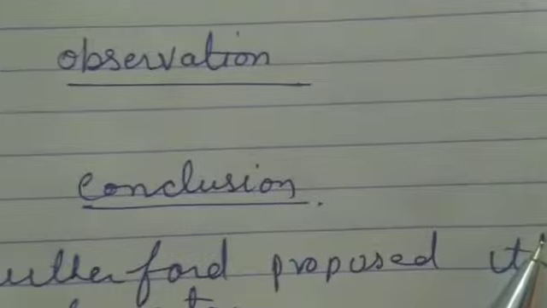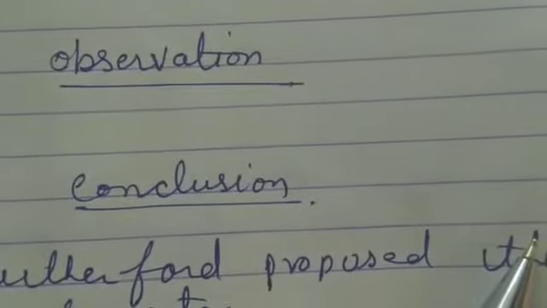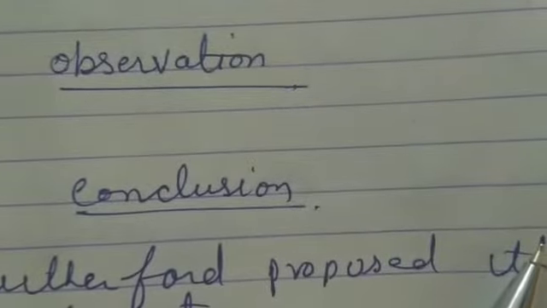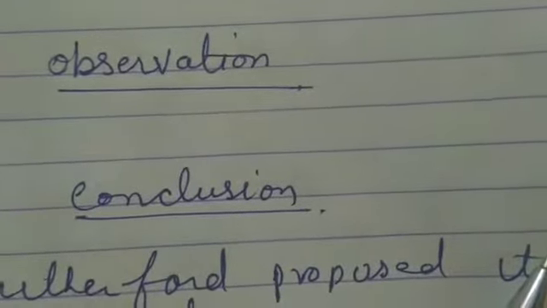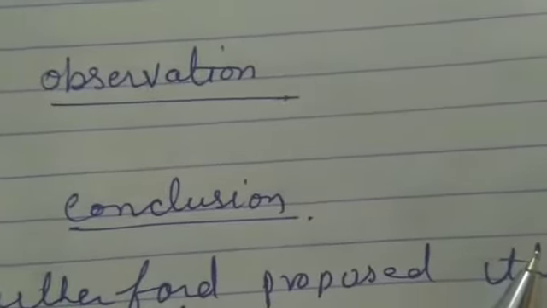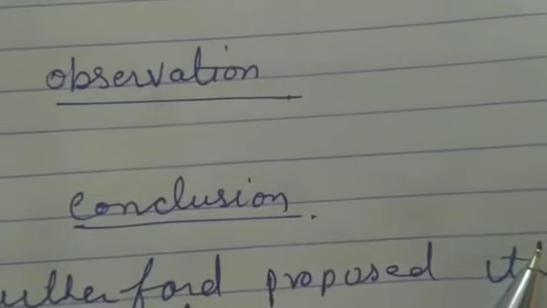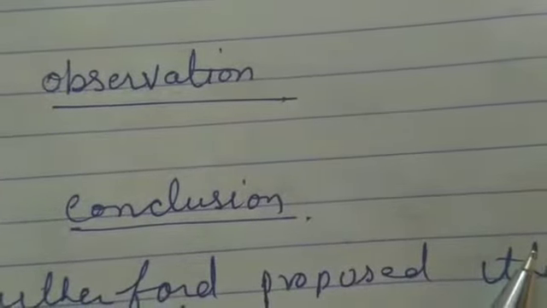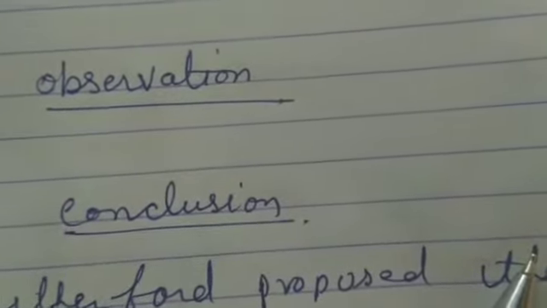What did he conclude? First, that most of the alpha particles pass through without any deflection, meaning that most of the space is empty. Second, very few are deflected at a small angle, meaning that there is a heavy positively charged mass present in the atom.